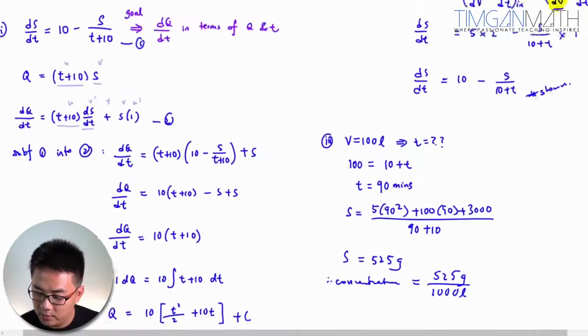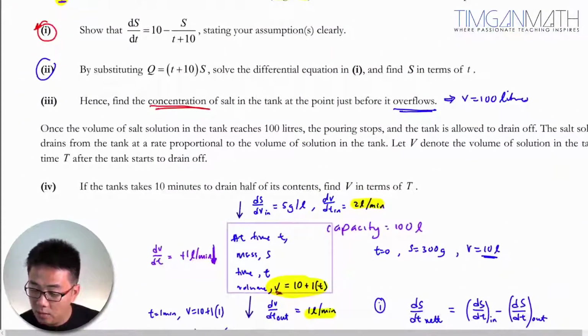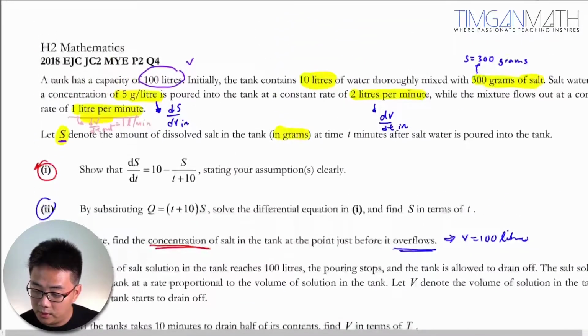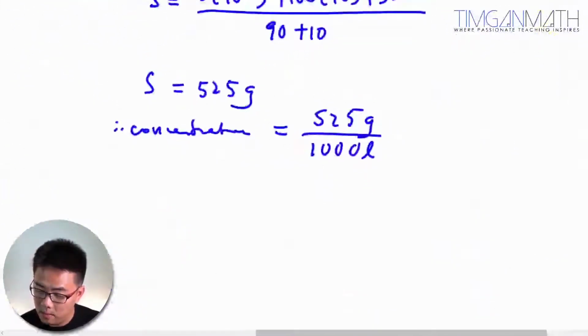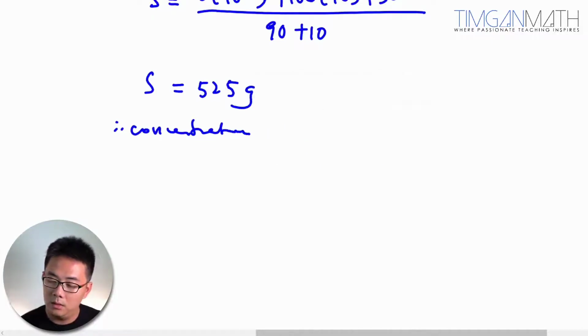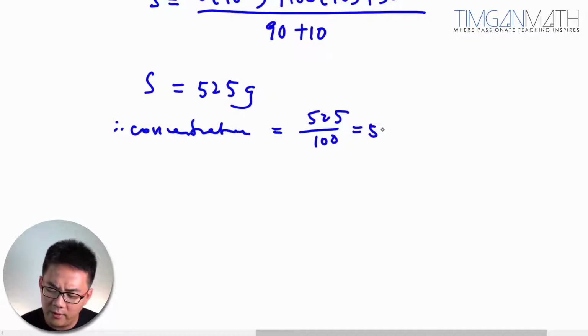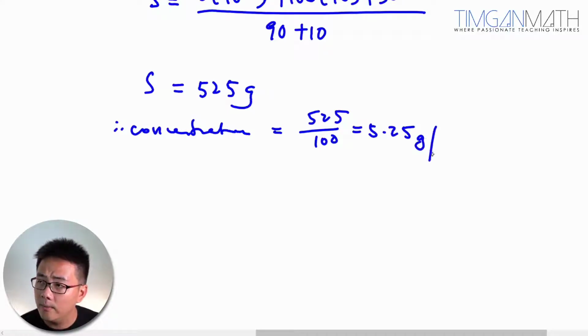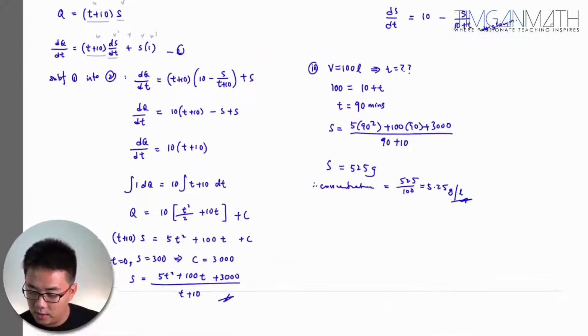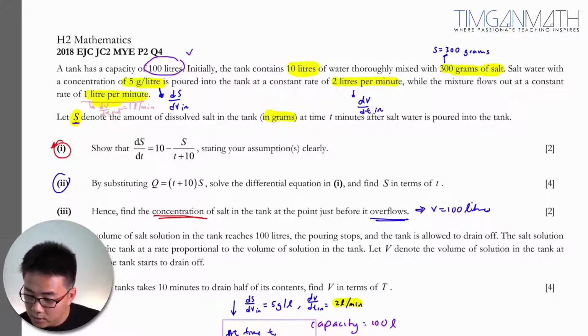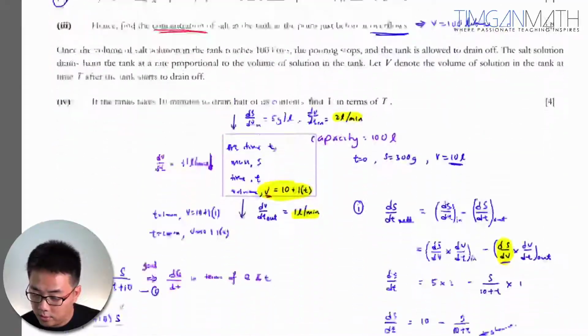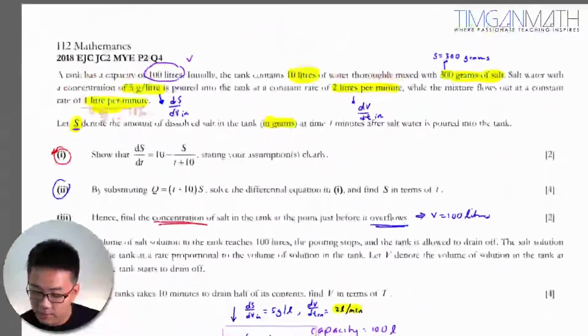I believe it's 1000 liters, right? 100 liters. This is 525 over 100 liters. So this would be 5.25 gram per liter. That's the concentration they're looking at. All right, gram per liter. That's about it.